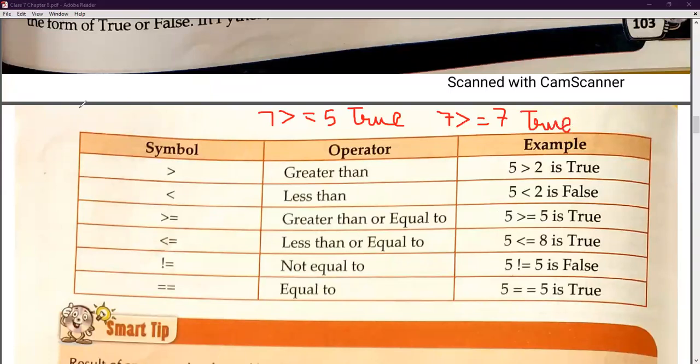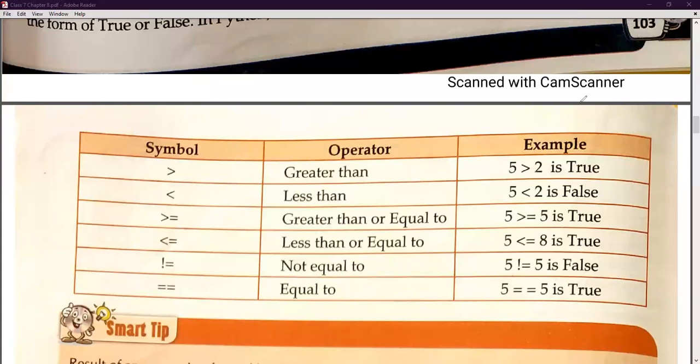Right? If I'm here writing 5 is greater than or equals to 3, what will be my answer, student? Who will tell me? Now, if I take the example here of less than or equal, it will work similar to what we saw in the greater than or equal to.